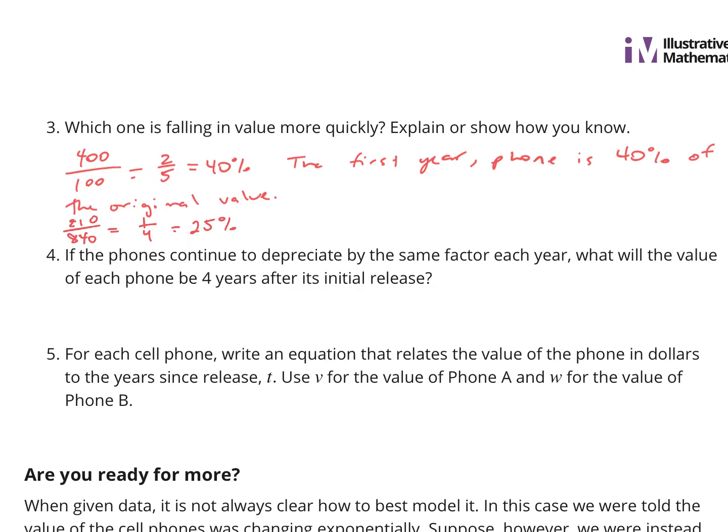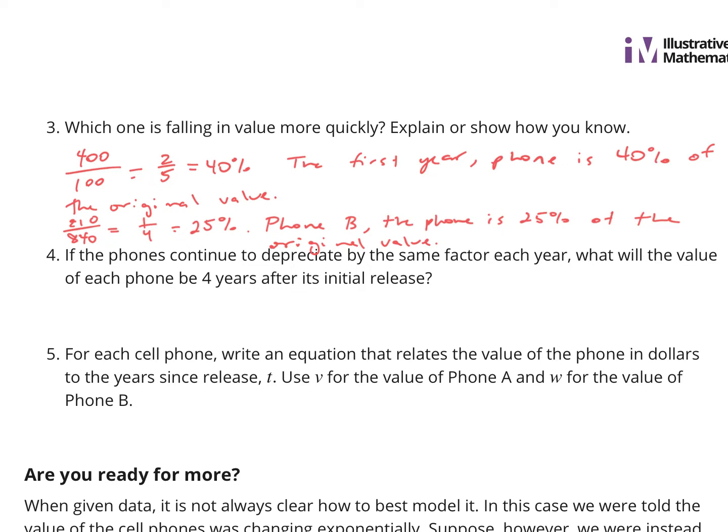So we know that phone B loses 25% of the original value. So we know, therefore, that phone A is losing its value much more quickly.